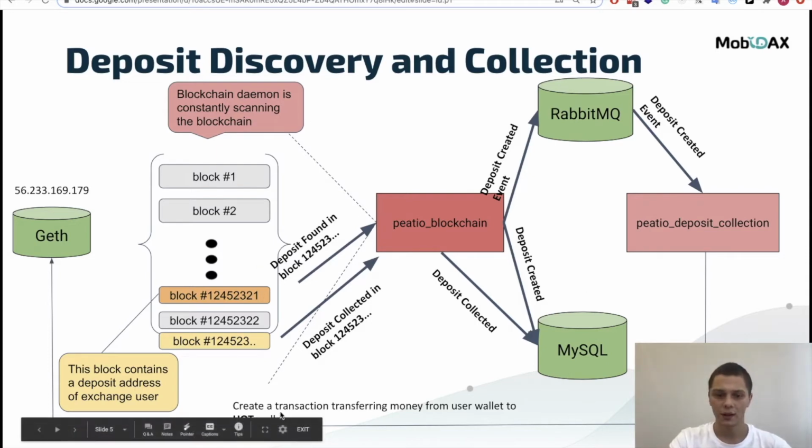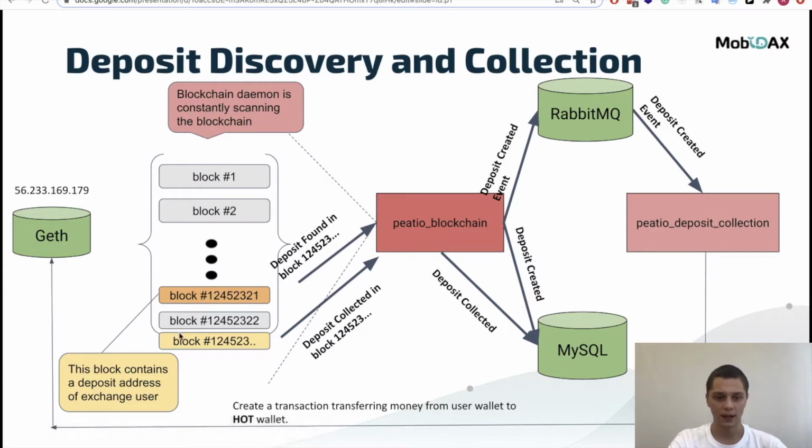So it sends a transaction to Geth saying, let's transfer the money from the user wallet to my main hot wallet. And then Geth posts this transaction to the blockchain. Then once again, we have a new block where we see the funds transferred from the user wallet to the main hot wallet.